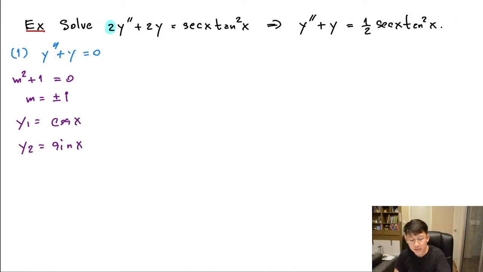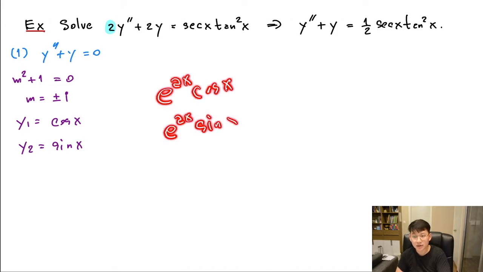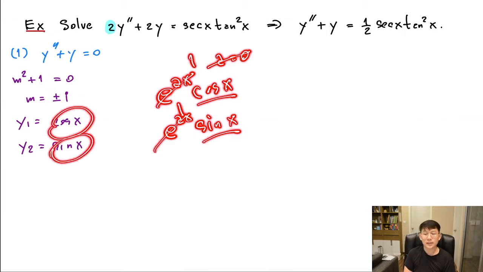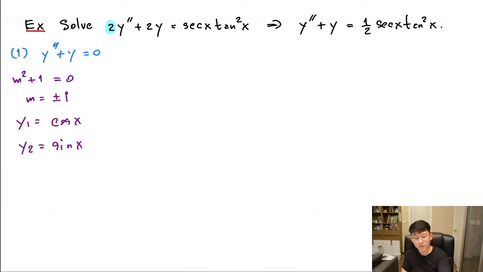It should be e to the ax cos bx and e to the ax sin bx, but a is 0, so e to the ax is 1, and we only have cos and sin here. That's the reason. Next, we know that y is a1 y1 plus a2 y2.